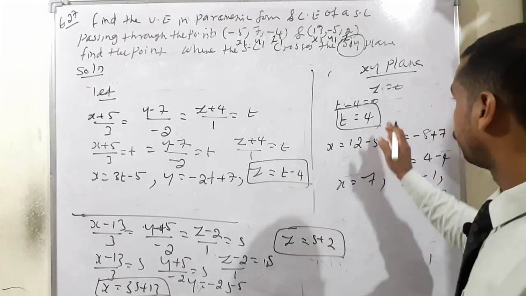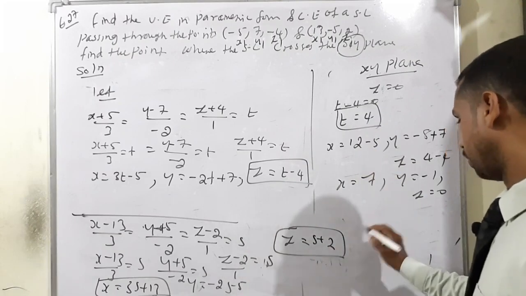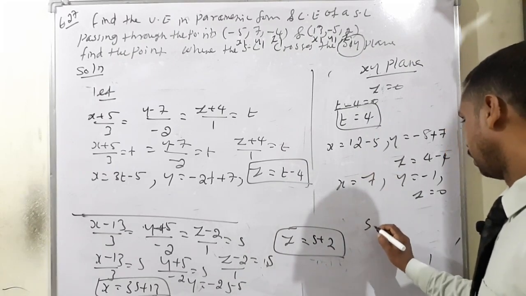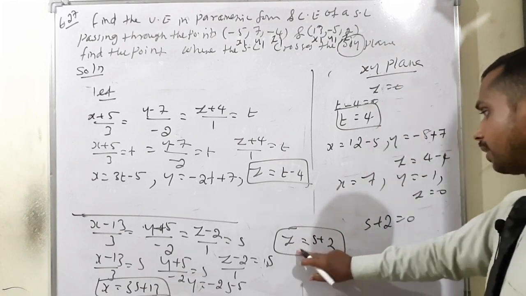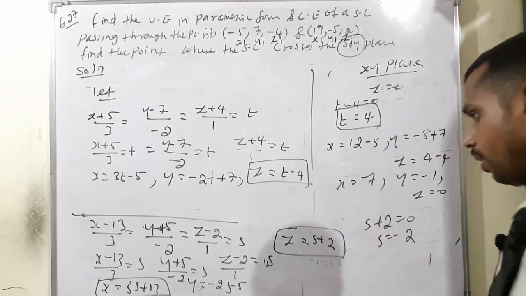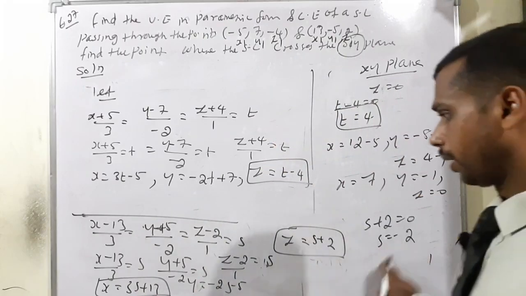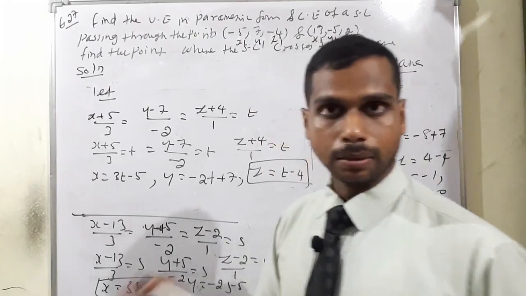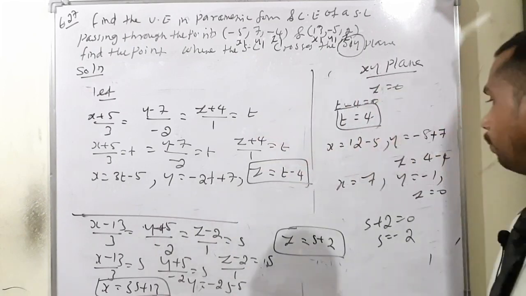With the other line, we will also get the same result. If s plus 2 is equal to 0, because on the xy plane the z term is 0, therefore s is equal to minus 2. Now, instead of s, we apply minus 2. So 3 into minus 2 is minus 6. Minus 6 plus 13 means definitely 7 will come.